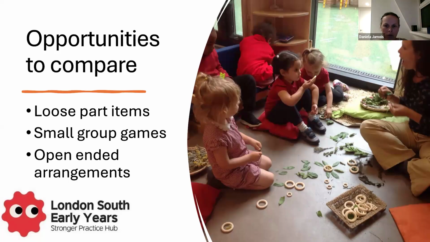And you might say, oh, I can see there's a really small one there. Perhaps you could fit it inside the really big one. And you could do lots of assessing there to see if they can follow your instruction, if they've actually understood those words, or if you need to create more scenarios where you reinforce what the small means and what the bigger means.